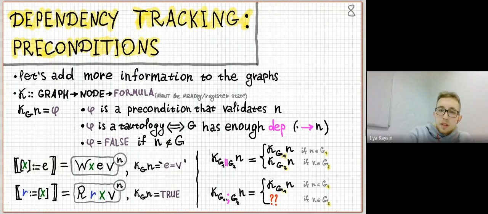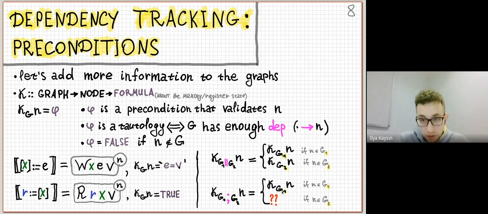So remember that precondition validates a vertex. The vertices of the sequential composition are just a union of vertices of G1 and G2. So if the node is from G1, let's just keep the precondition of G1.